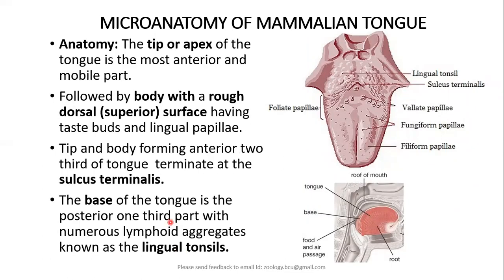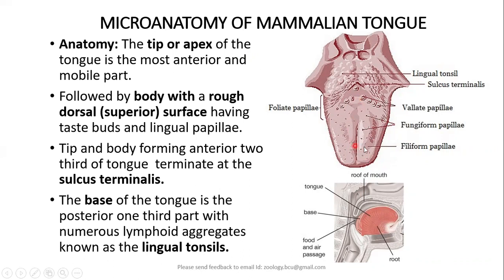Then coming to the brief anatomy of the tongue, before we proceed into microanatomy of the tongue or the histology of the tongue. So as you see here, tongue is an elongated flat structure with a tip or the apex which forms the anteriormost part of the tongue and also the mobile part of the tongue.